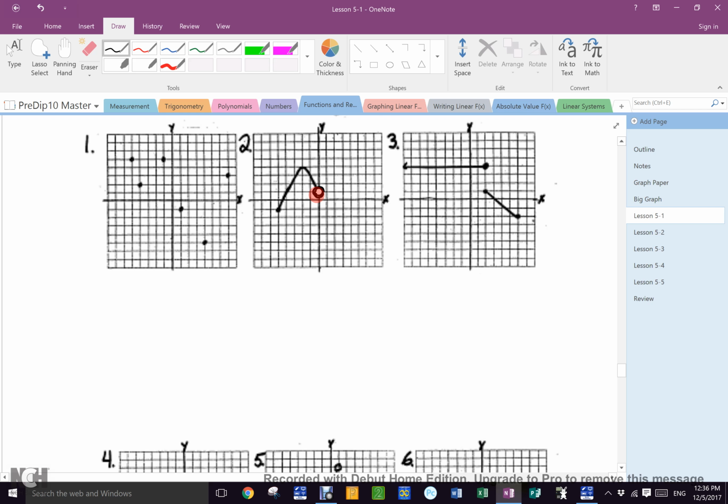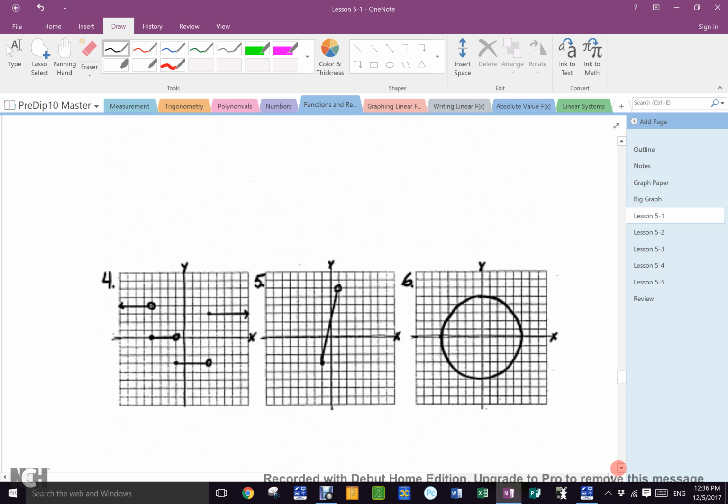Number 3, closed dot. I don't want an arrow there. Number 4, 3 open dots. Is that an arrow?